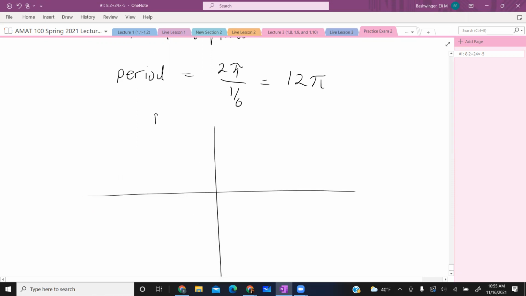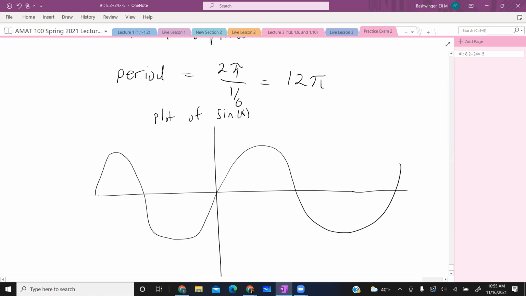So let's just remember the plot of sin x. So sin x looks something like this. It starts at 0 and it opens up. It goes up and then down.